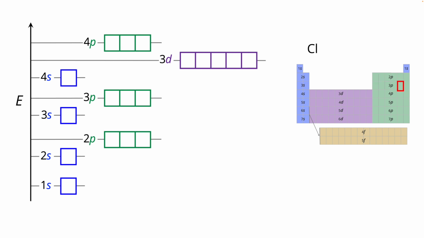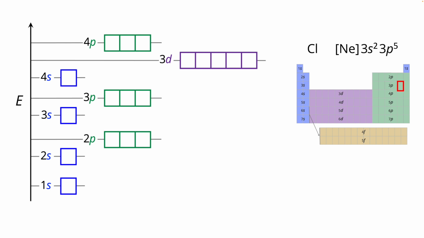All right, let's try chlorine next. Chlorine has an electron configuration 1s2, 2s2, 2p6, 3s2, 3p5. And remember, once we start getting to longer electron configurations, it's often simpler and convenient to use an abbreviated or condensed electron configuration.